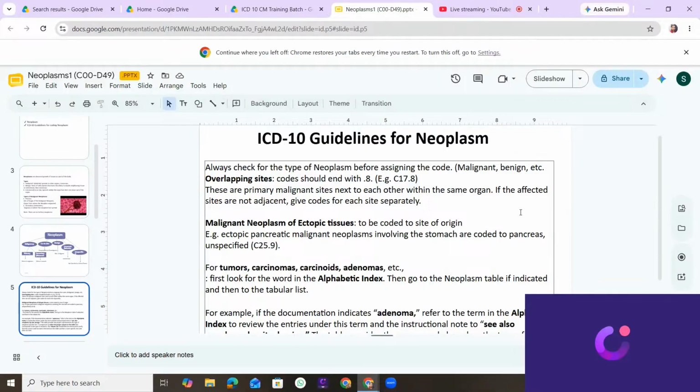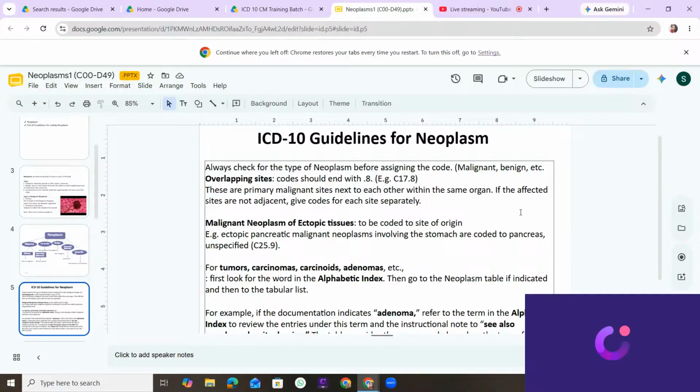First look up the word in the alphabetic index. In ICD, first you reach the alphabetic index, then you go to the neoplasm table if indicated, and then reach the tabular list. So this is the best practice for finding the ICD codes.